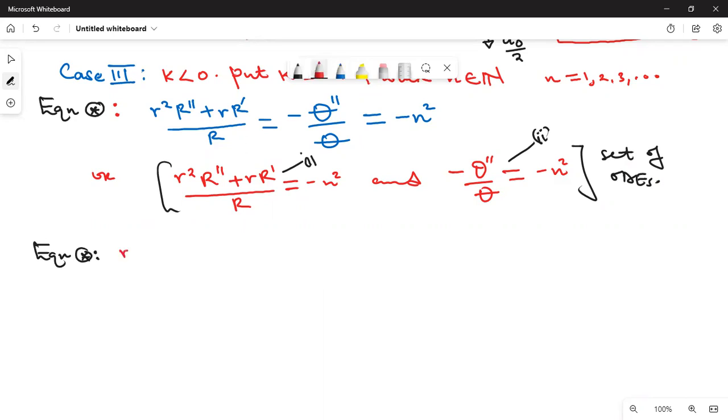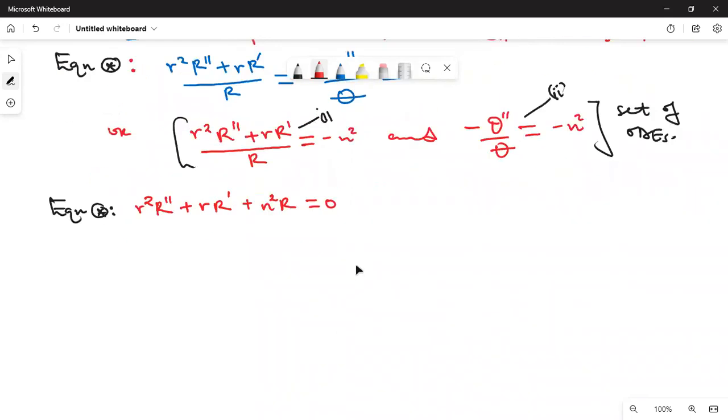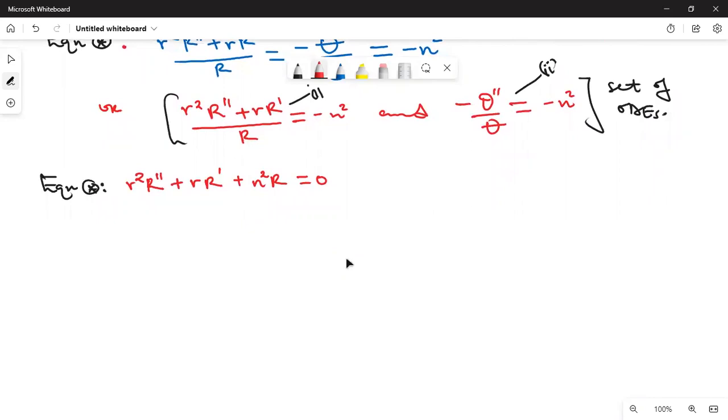It will be written as r squared times r double prime plus r times r prime plus n squared times r equals 0. I have cross multiplied and then rearranged to get that equation. This equation is called Cauchy-Euler equation.